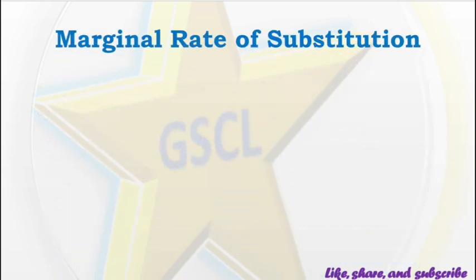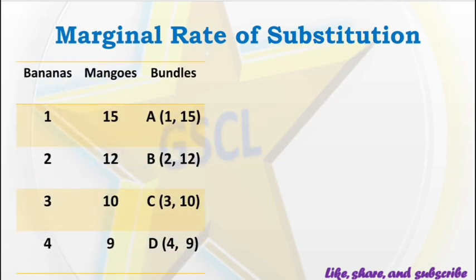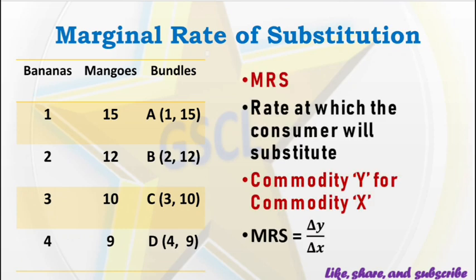Let's move towards another concept related to the same indifference curve: marginal rate of substitution. It refers to the rate at which the consumer is substituting one commodity with another.